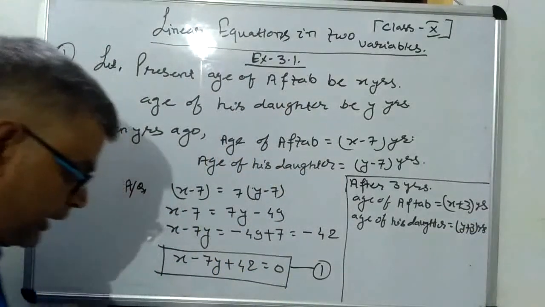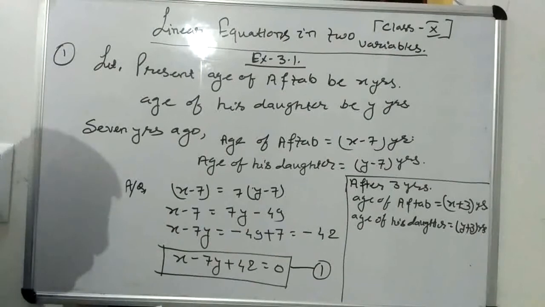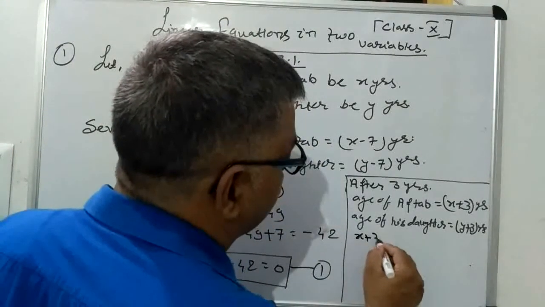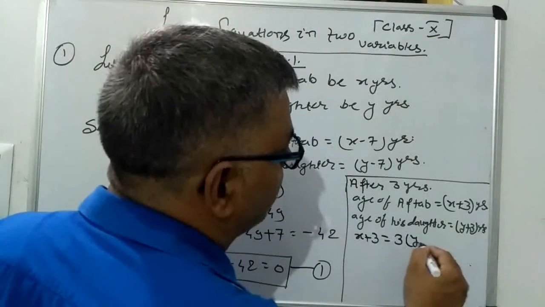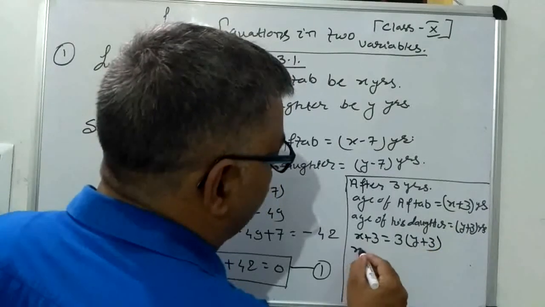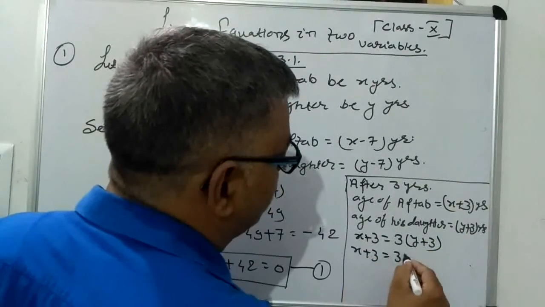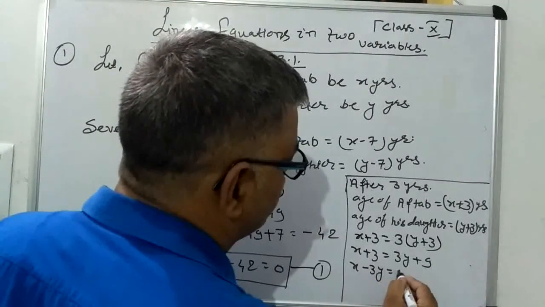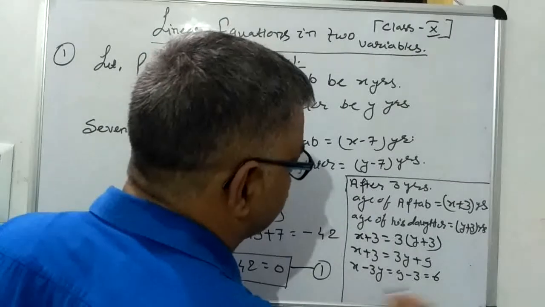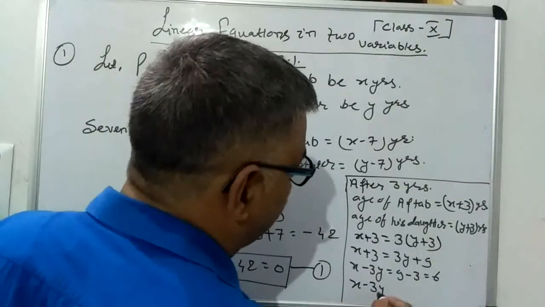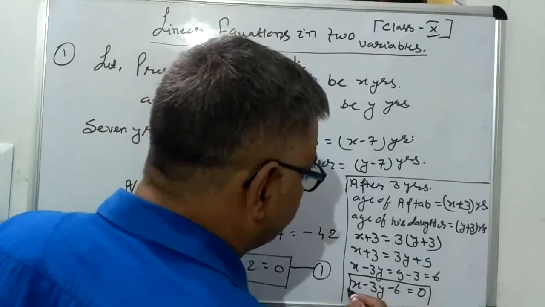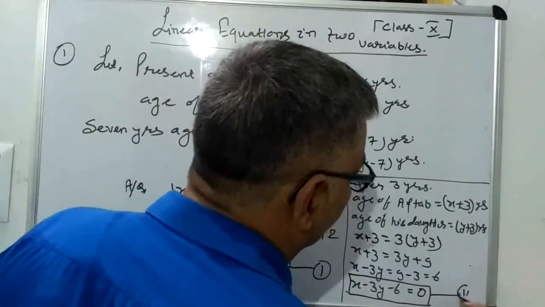The condition says that 3 years from now I shall be 3 times as old as you will be. It means x plus 3 equals 3 into y plus 3. So x plus 3 equals 3y plus 9. So x minus 3y equals 9 minus 3 equals 6. So x minus 3y minus 6 equals 0, and this is your equation number 2.